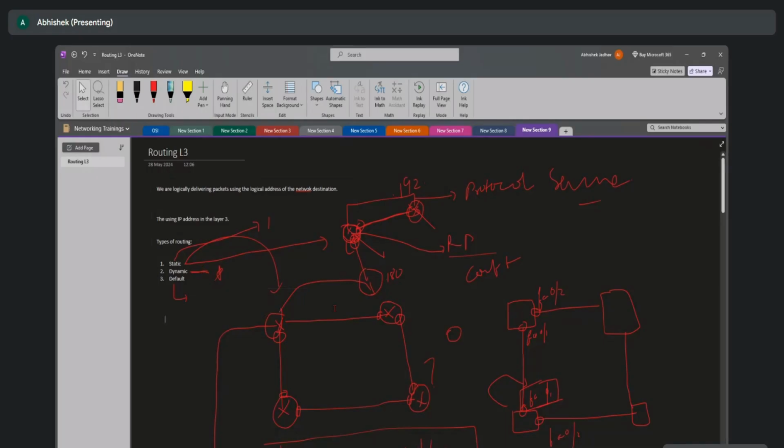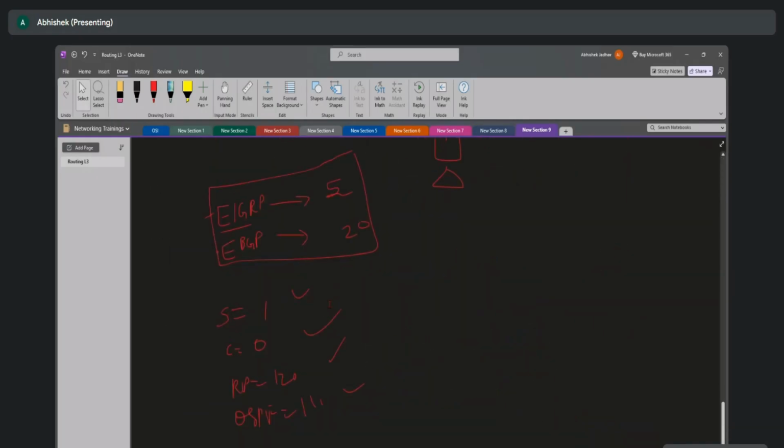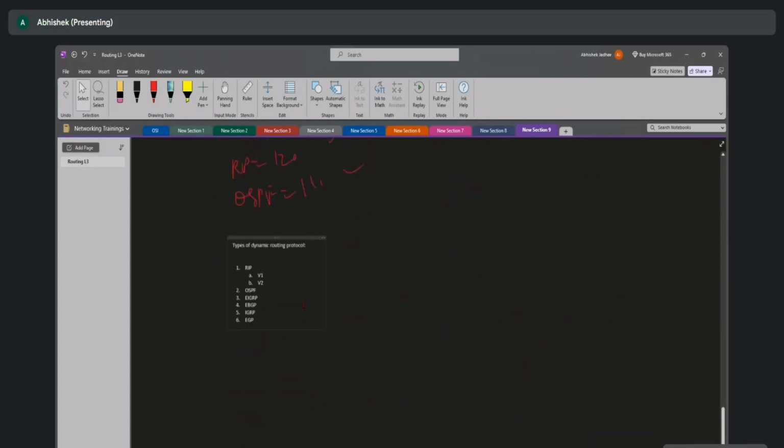Okay. Now let's discuss RIP. So, routing information protocol is actually configured in a smaller organization, not a bigger organization, because it has two versions, right?